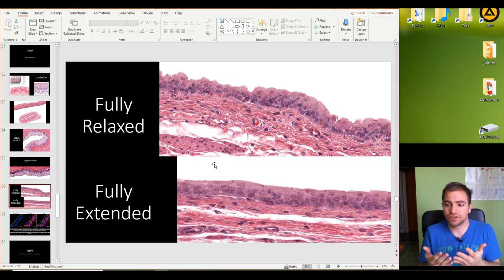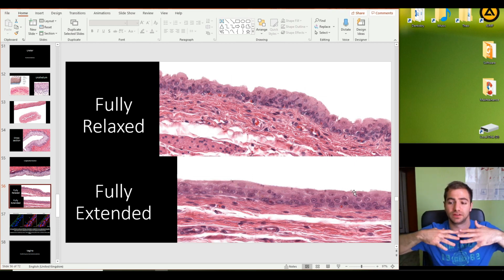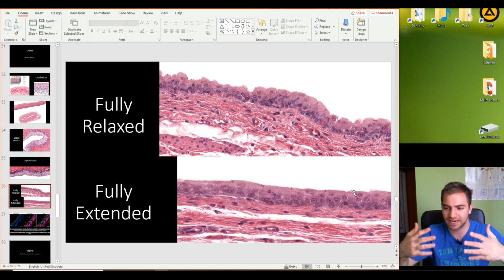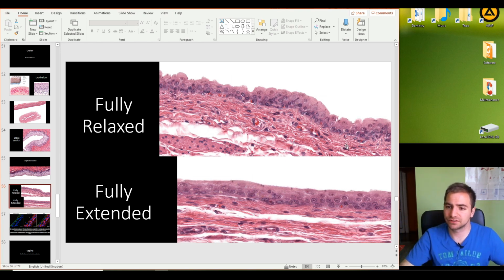So when there is urine inside, we find this compressed appearance of the cells, and this is called the fully extended form. When there's no urine in the ureter, it's only natural that these cells, because they do not receive any pressure, are more relaxed and more open. There's no force pushing them down. So this is the fully relaxed form of the urothelium.